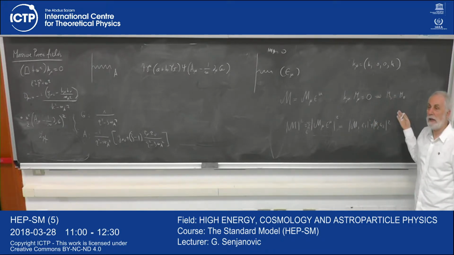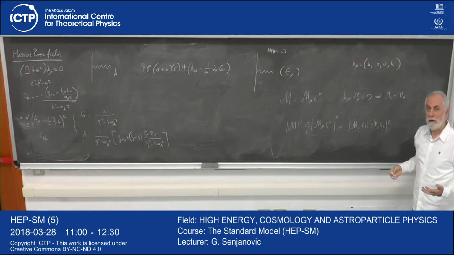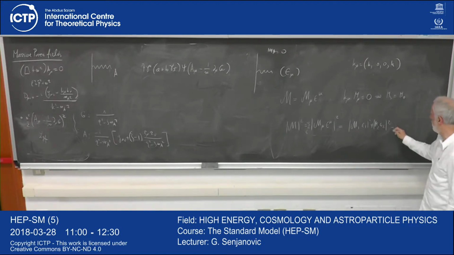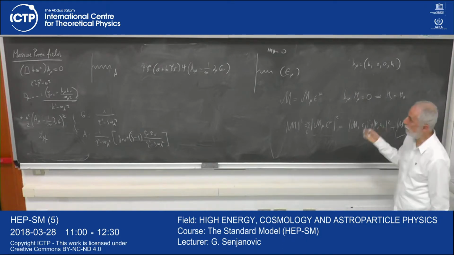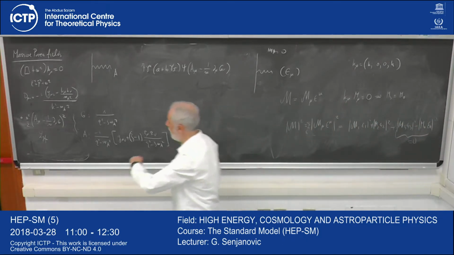I can safely add M3 and M0 because they cancel. This is equal to M3 times epsilon 3, which is going in this direction, squared minus M0 squared, because this is 0. Okay, they cancel against each other. This is sort of the way it goes, but I'm sure you're going to discuss this more carefully.